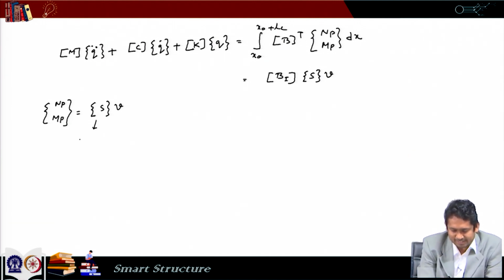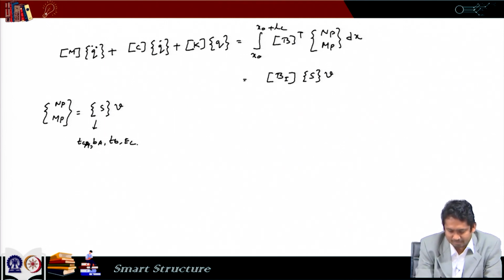So, S can be written in terms of the width of the actuator BA, the beam thickness TB, the elastic modulus of the piezoelectric patch, and D31, or we can write E31 also. So, in terms of those, the S vector can be found.